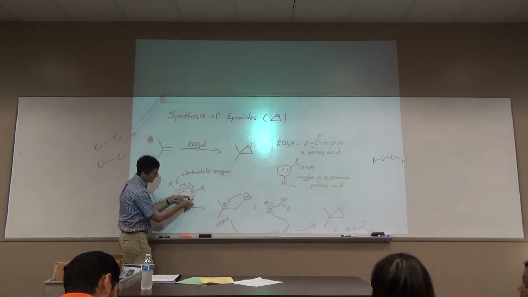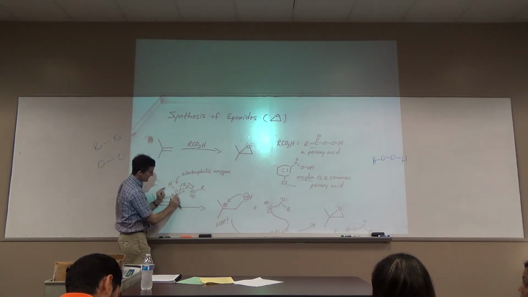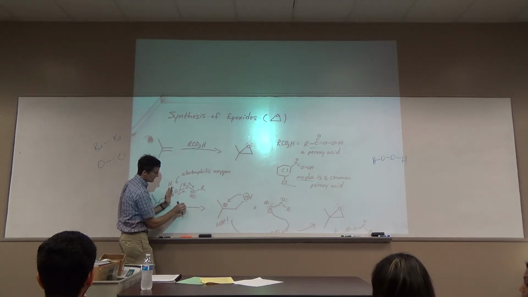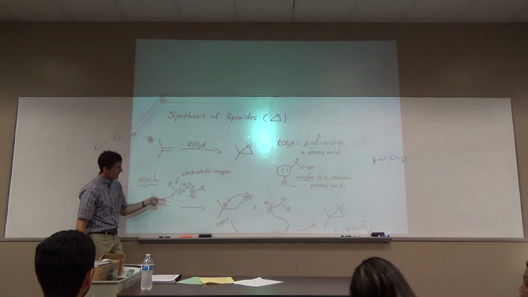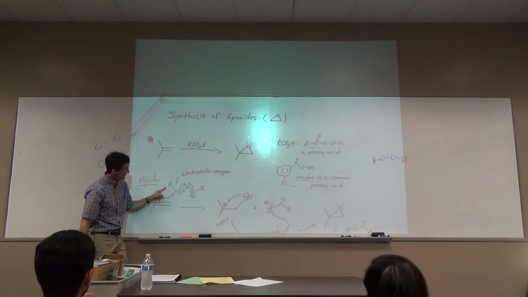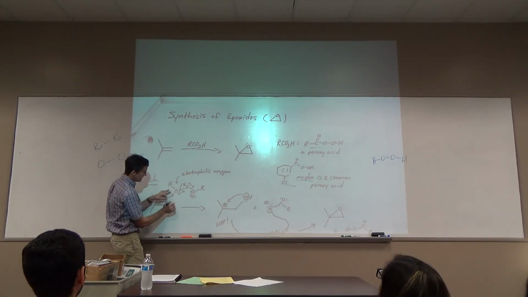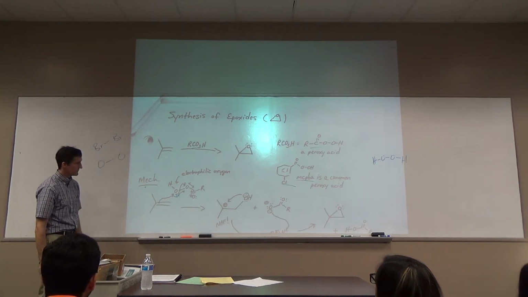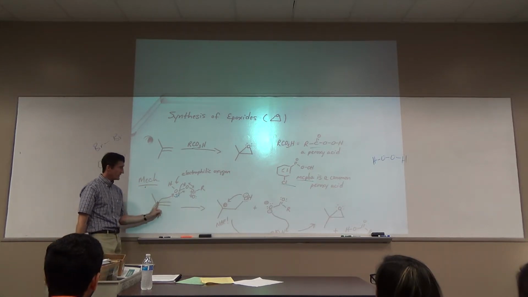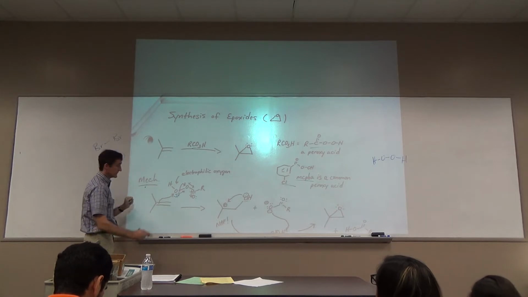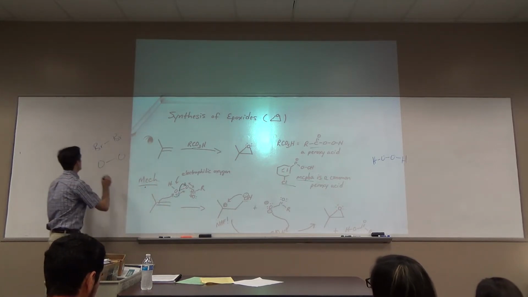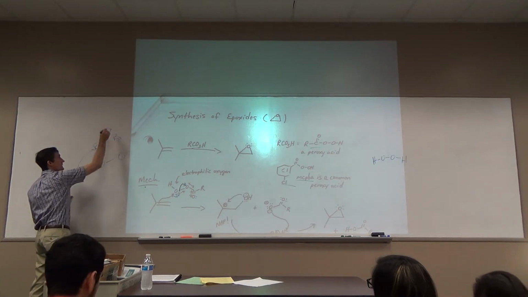And this oxygen is pulling, and it's all being pulled towards this. That leaves this oxygen over here partial positive. And the alkene attacks that oxygen. These electrons kick the other one off, just like attacking this and kicking that off.